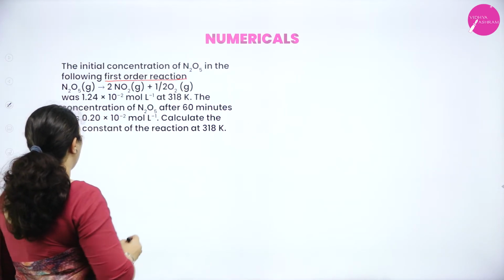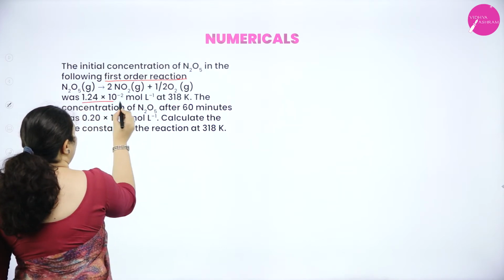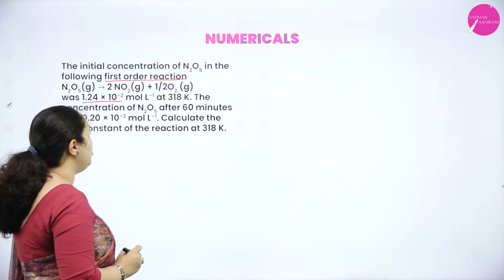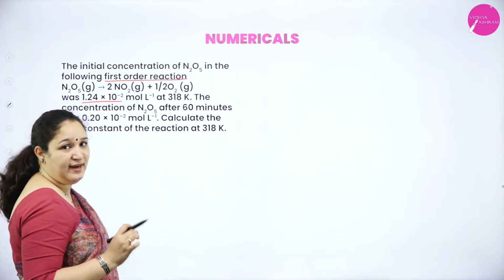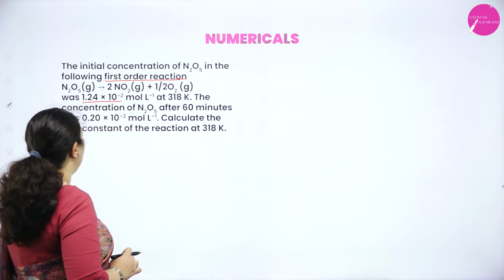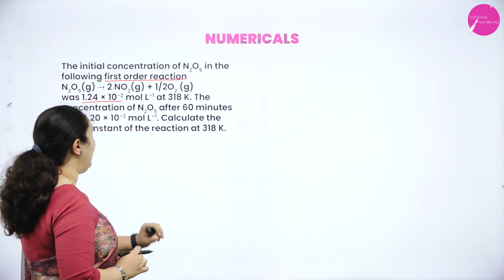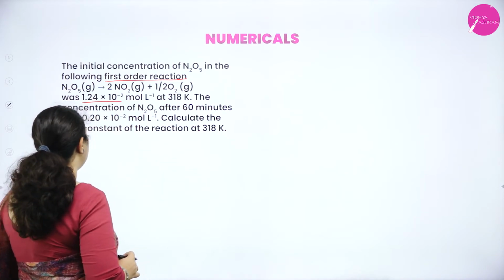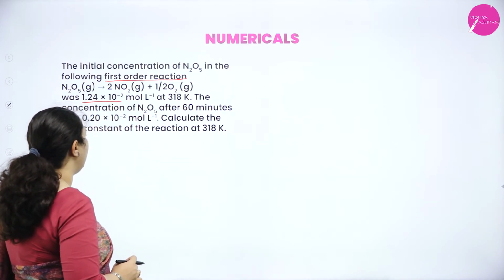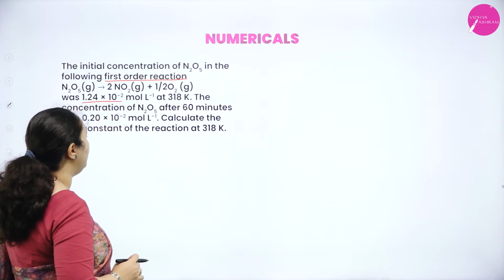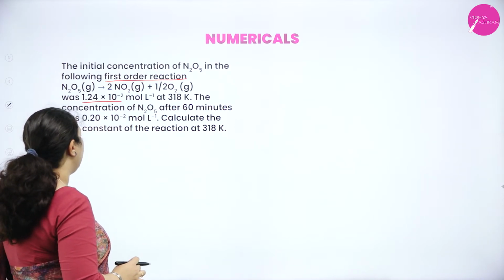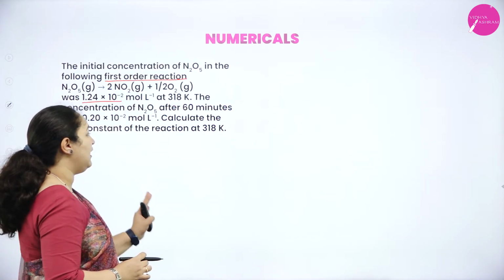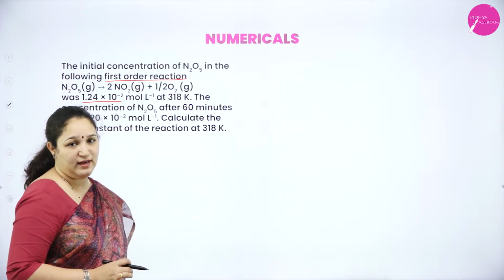So, the initial concentration was 1.24 into 10 power minus 2 mole per liter at 318 Kelvin. The concentration of N2O5 after 60 minutes was 0.20 into 10 power minus 2 mole per liter. Calculate the rate constant of the reaction at 318 Kelvin.